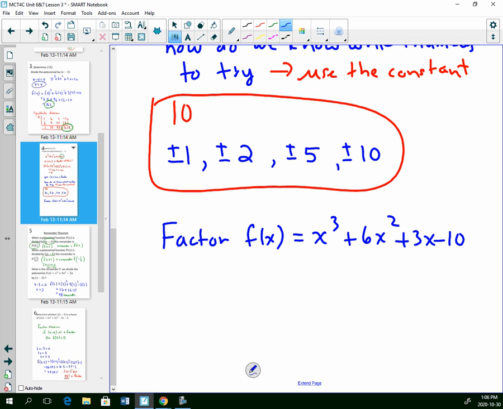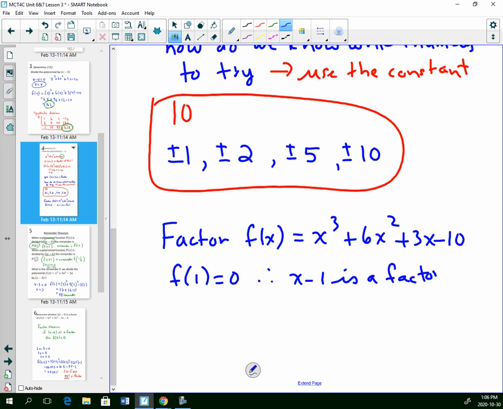I have lots of options now. I can use my factor theorem along with my remainder theorem and find a 0, which I just did. I found out that f of 1 equals 0. Therefore, x minus 1 is a factor.